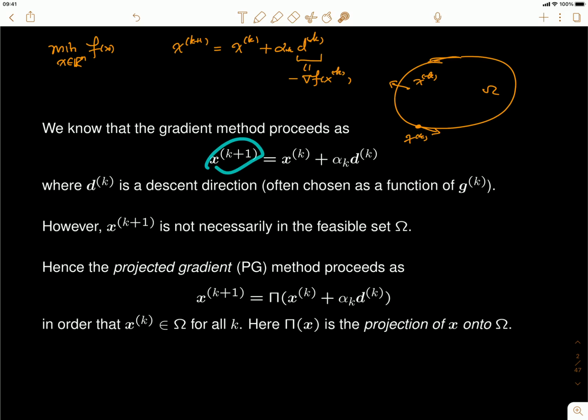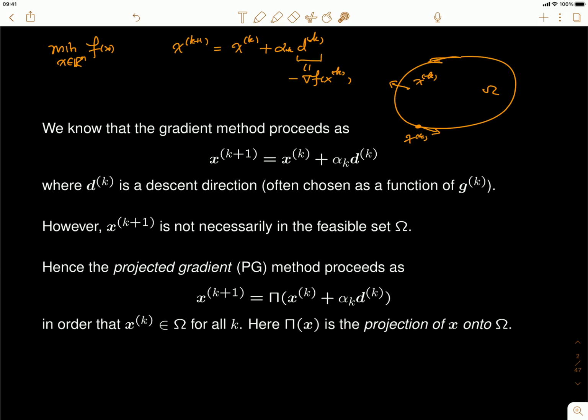The new point we get may not be a feasible point, may not be in the feasible set. And a very intuitive way of correcting this is to do a projection. So every time we finish this step, we get x_{k+1}, then we just need to project it back to the set omega.